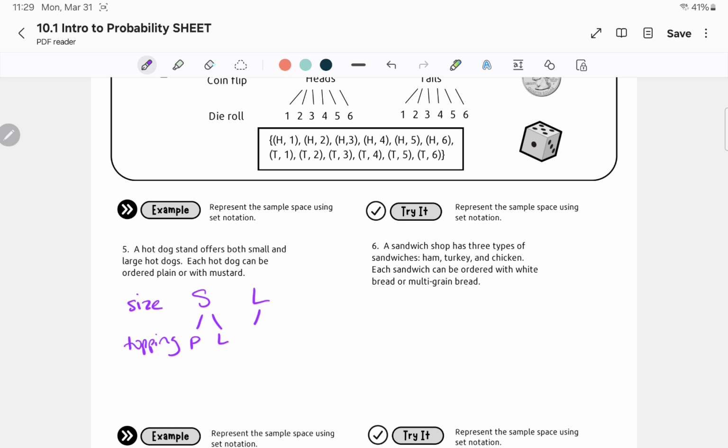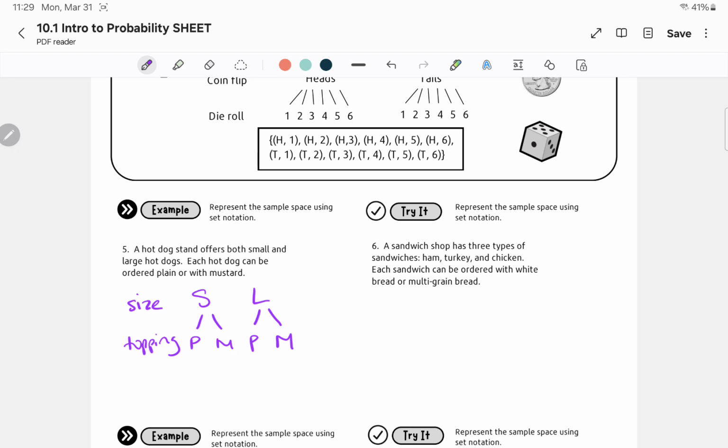Oops, that should be an M. We have the small, which can be ordered plain or with mustard. Then we have the large hot dog, which can also be ordered plain or with mustard. See how we have 2 possibilities, and since each one of those has 2 more possibilities, we have 4 leaves at the bottom here.